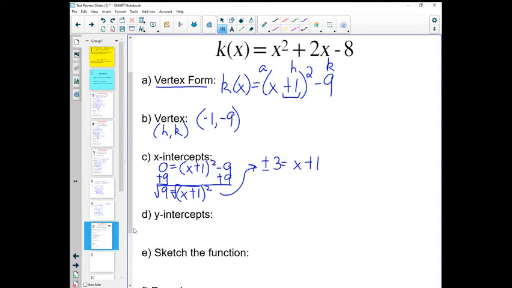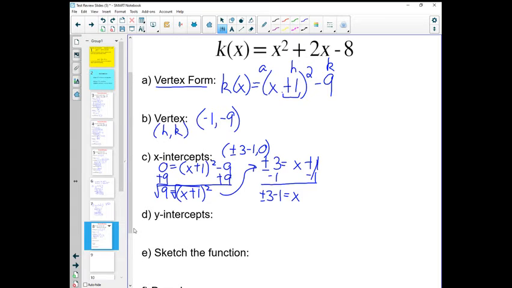The last step to get x by itself, I'm going to subtract 1. So we have plus or minus 3 minus 1 equals x, and that is how you write your x-intercepts.